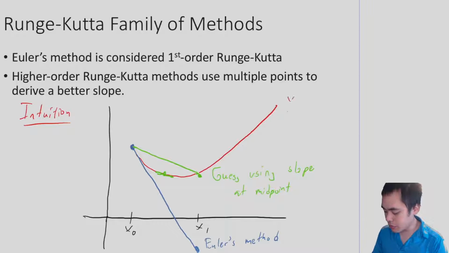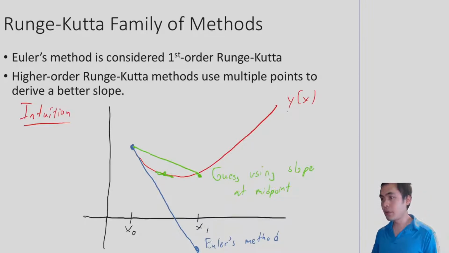Let me call this function y of x, just to keep my notation consistent. So this is the slope at the midpoint. So that is the basic intuition here, because that was our slope at the midpoint, and now we're guessing based on that instead of the slope at the very beginning.